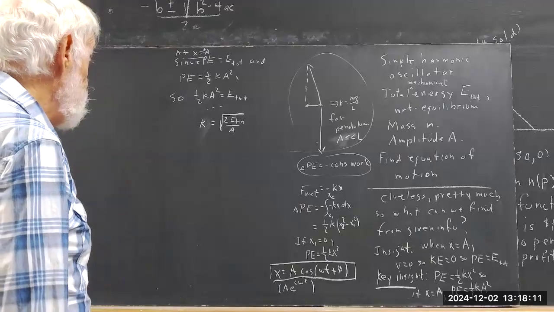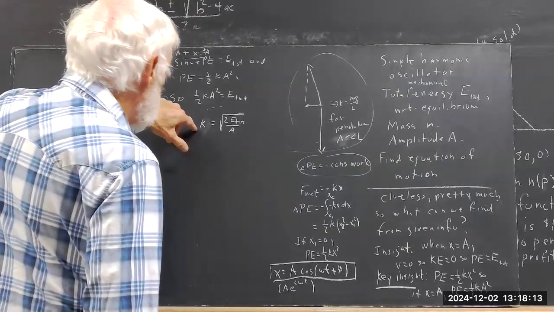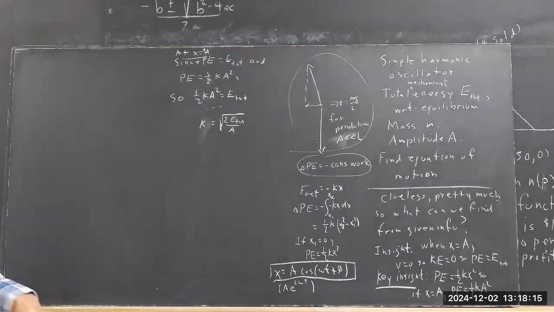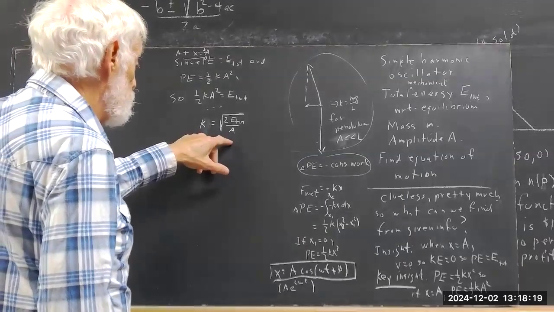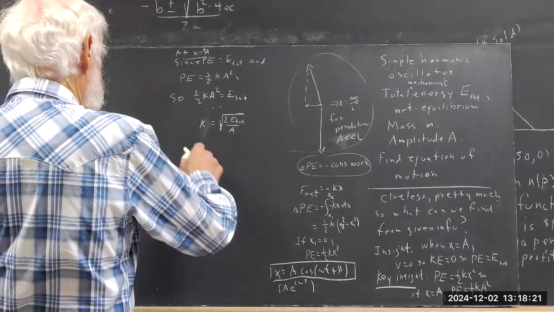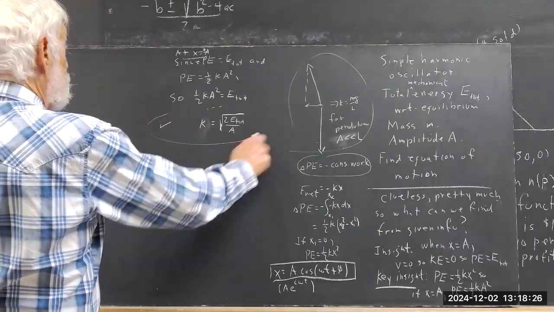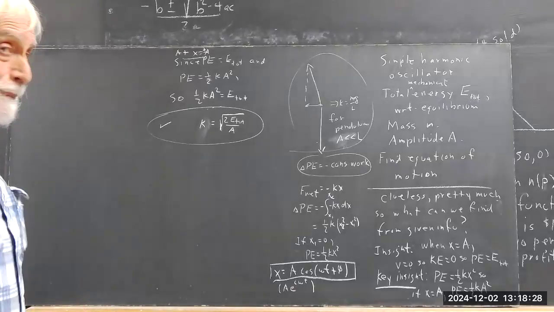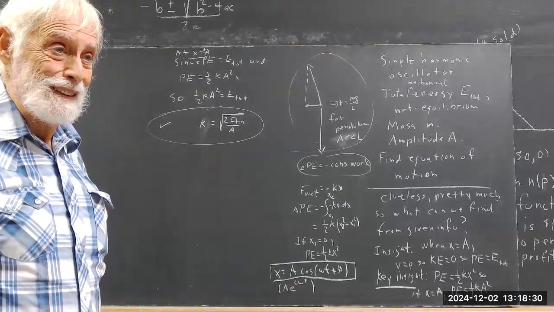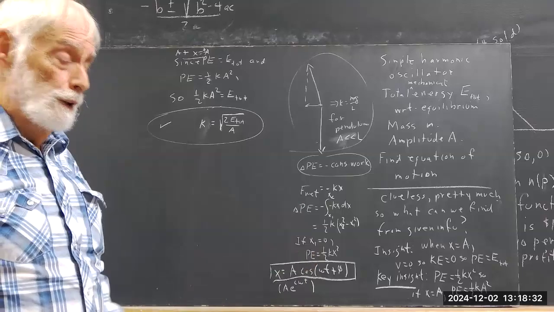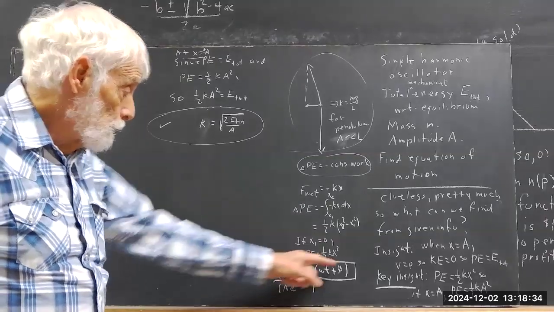All right. So we have an expression for k. So now we know k. That's a big deal. We've actually found something. What else do we need to know in order to write the equation?